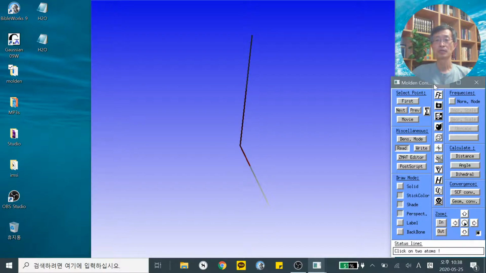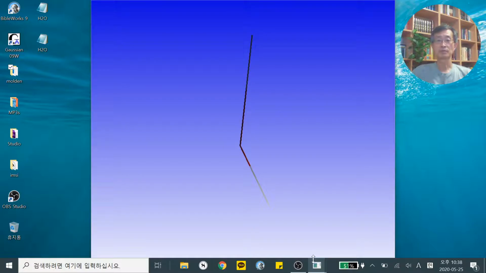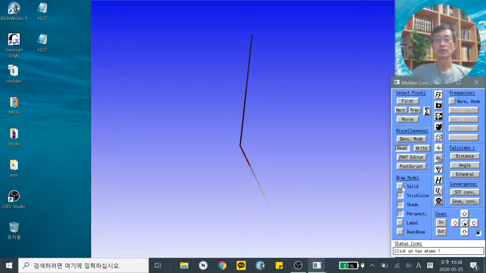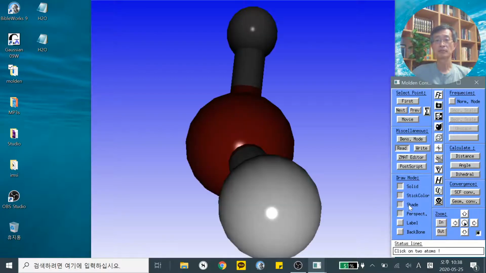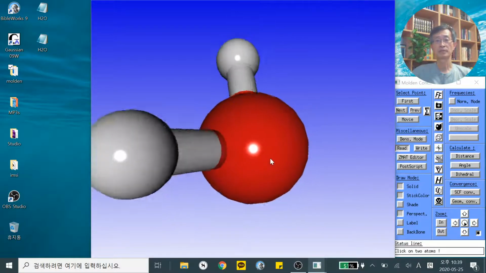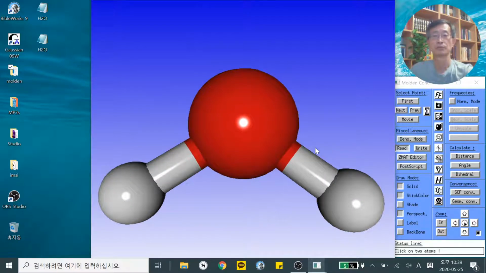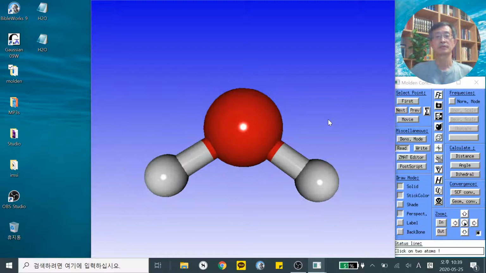And also, what you can do is that instead of this kind of line drawing, we can use the ball and stick. Yeah, ball and stick. And then instead of shadow, we have a little lighter one. And I want to decrease it a little bit. Yeah, it looks much nicer.